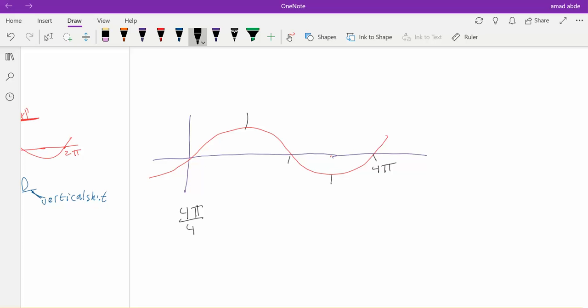Therefore, this point is pi, this point is 2 pi, this point is 3 pi, and we know that this point is 4 pi. The amplitude is still going to be 1, so it's going to go from 1 to -1, and that's it. Here's how the actual graph would look using Desmos.